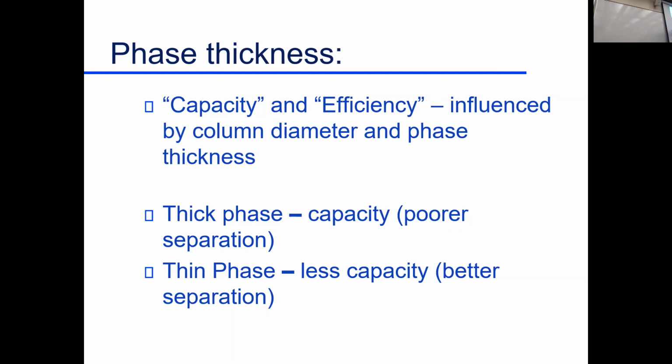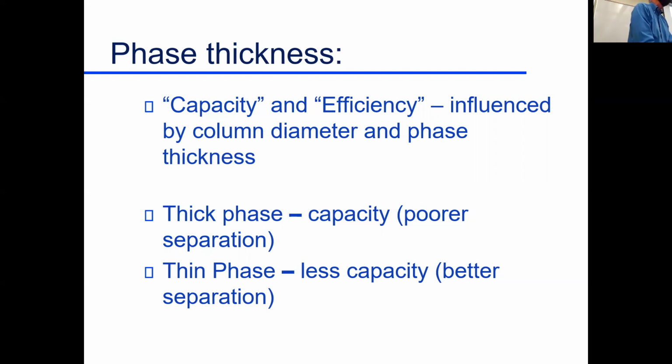So thick phase, there's capacity. I can put lots of stuff on there, a big sample on. You can deal with it. Thin phase has less capacity. I have to be fussier about how much sample I put in my insert. So this gives me separation. This gives me poor separation. But again, it depends upon whether you really want to put a lot of sample on for other reasons.